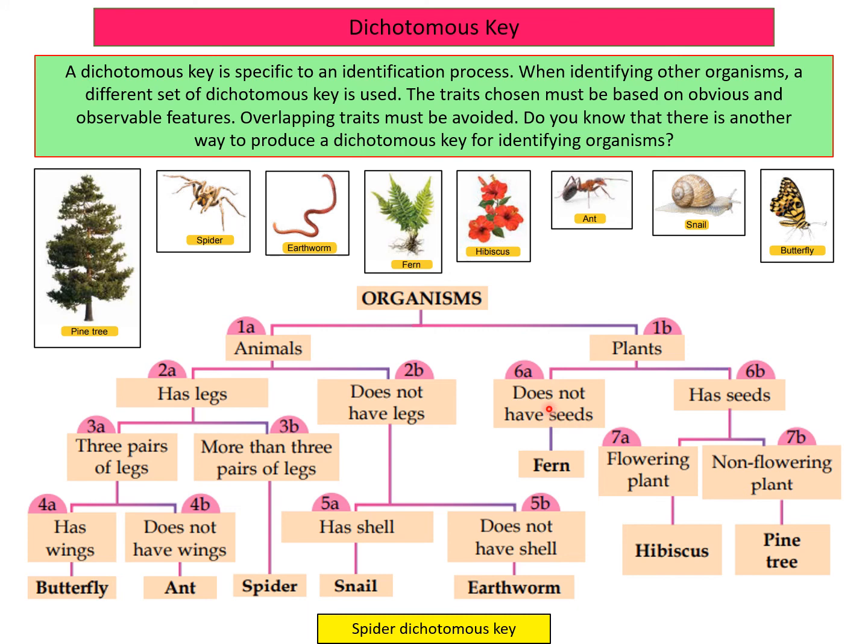Fern does not have seeds, so here is ferns. And butterfly. Butterfly is an animal. Butterfly has legs and has 3 pairs of legs. And then butterfly has wings. So this is butterfly, stop under 4A.